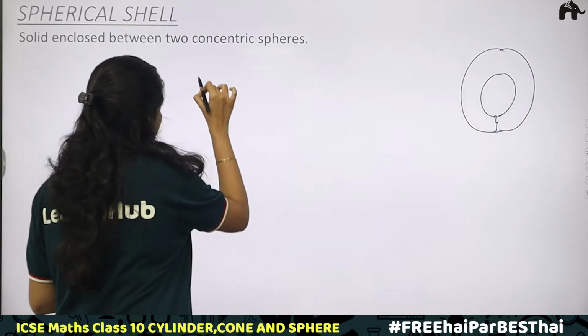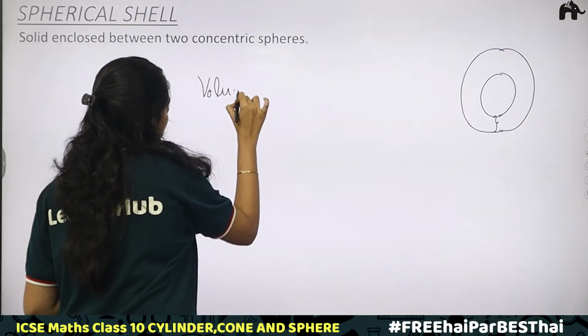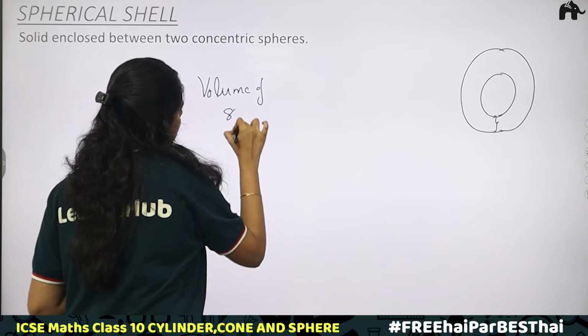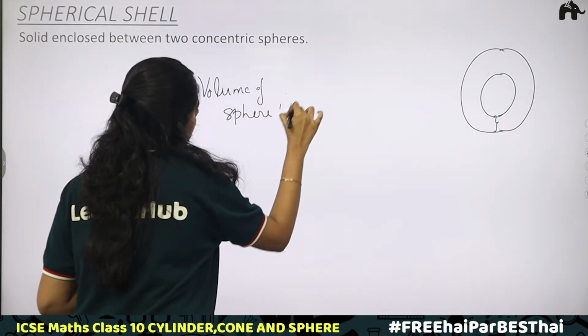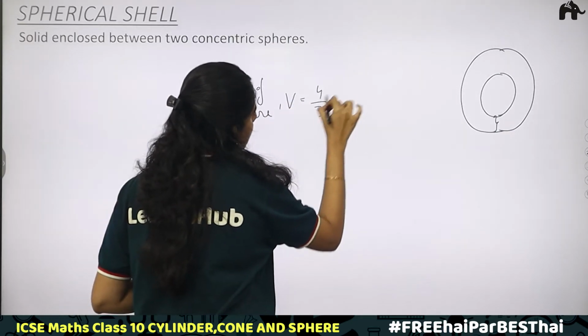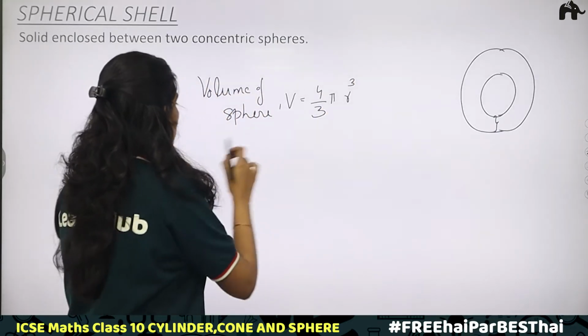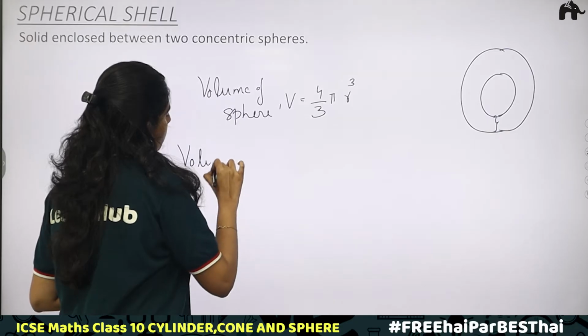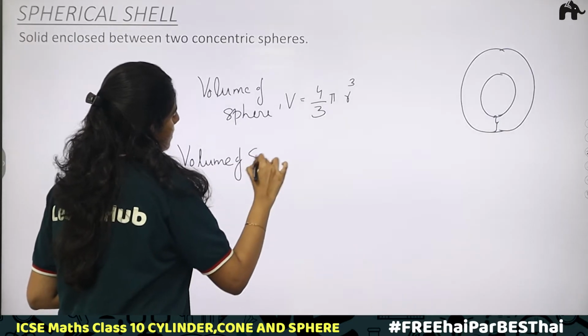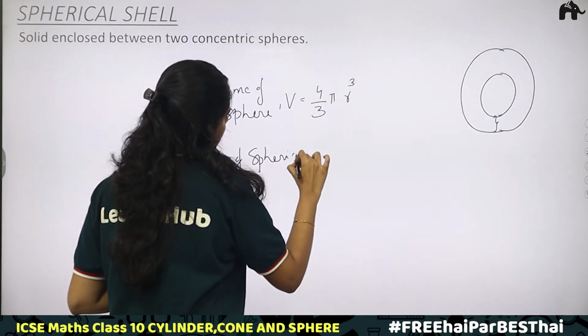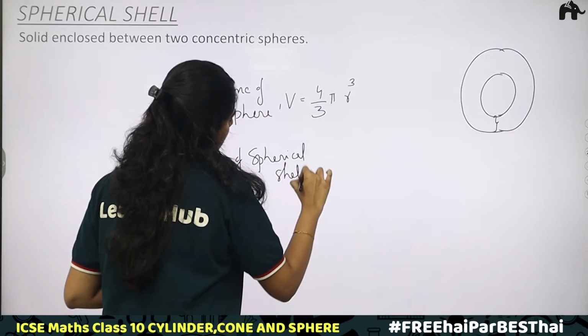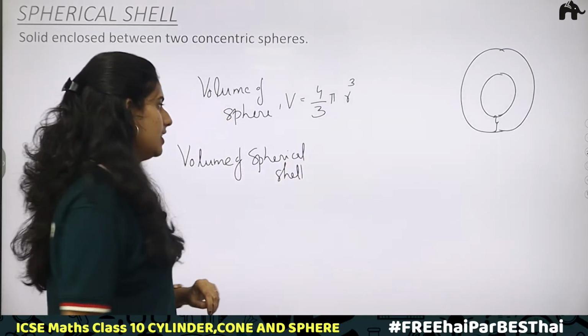So we have the volume of a sphere, V is equal to 4 by 3 pi r cube. Now what is the volume of a spherical shell?